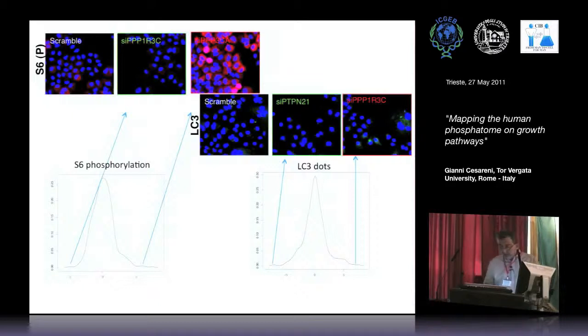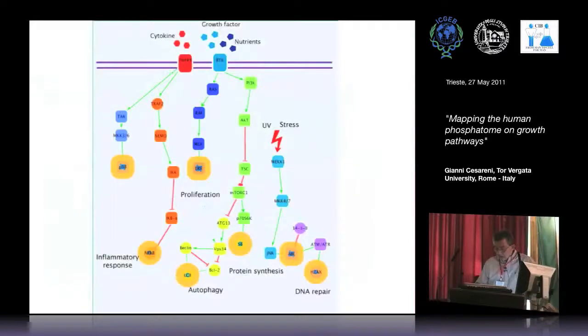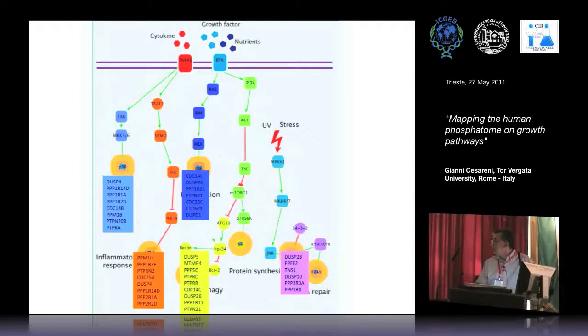By doing this repeatedly for all our phenotypes, and by choosing an appropriate statistical threshold, we can convince ourselves that some of these phosphatases are involved in the modulation of these readouts. So you can place this list near the sentinel protein or the readout that is affected by the phosphatases themselves.